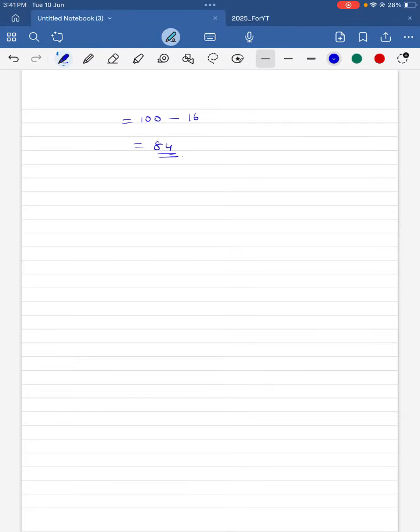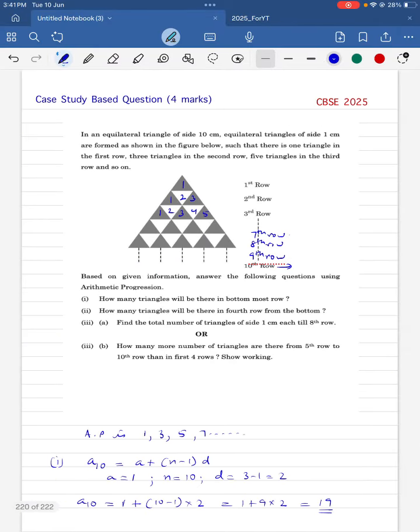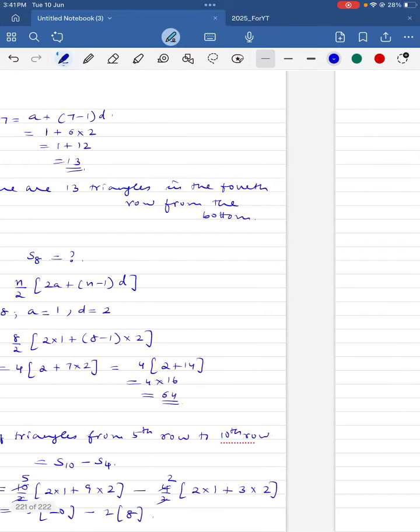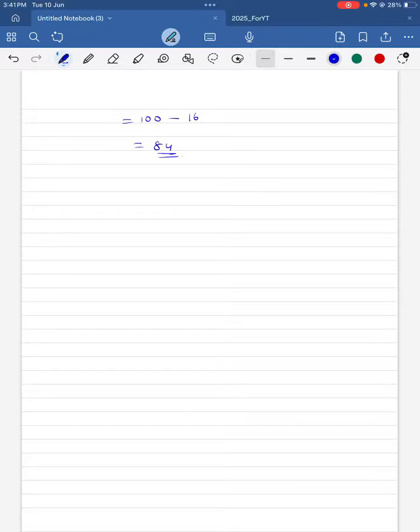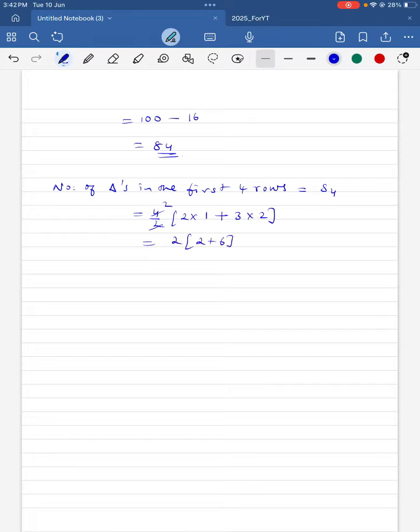Now we have to find out how many more triangles are there from the 5th row to the 10th row than in the first 4 rows. So we'll have to find out how many triangles are there in the first 4 rows. Number of triangles in the first 4 rows is equal to S4, which is 4 by 2 into 2A plus n minus 1, which is 4 minus 1, that is 3 into D, which is 2 times 2 plus 6, 2 into 8, which is 16.